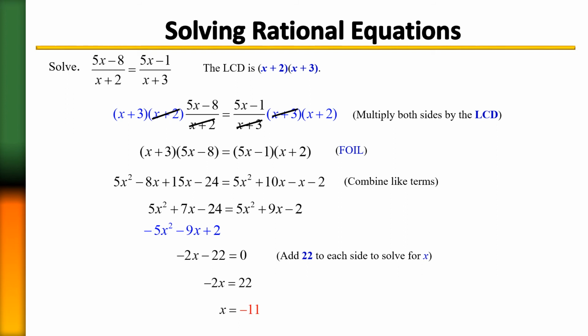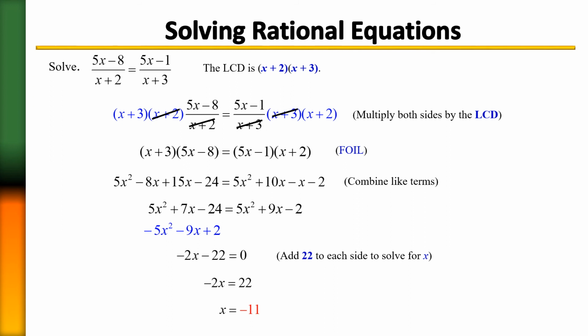Because if it does, then you have to discard or throw that solution out. But I can see here by plugging negative 11 in x's place on both sides of the denominator, for either one, it is not going to make the denominator undefined. So in this case, I get to keep my solution.